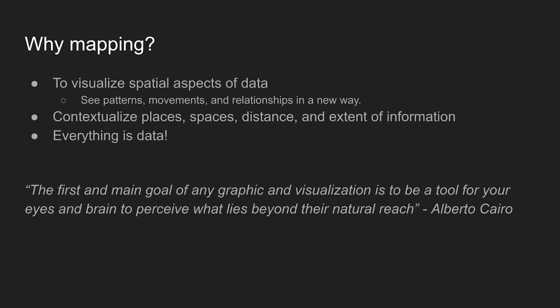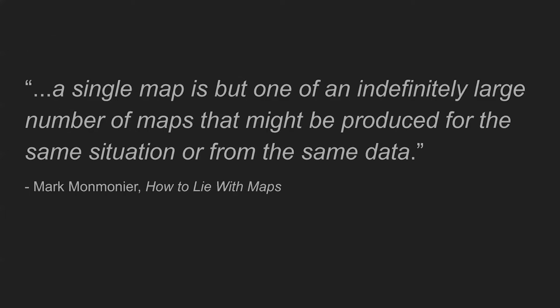So I'm adding information that my eyes and brain can then perceive and analyze through some form of graphic and visual representation. But when we think about this, I'm sure as you've worked through data concepts, there are always ways to manipulate data, and there's always data that you can't use, and there's always data that's going to be left out or suppressed or highlighted. And that goes with maps too, right?